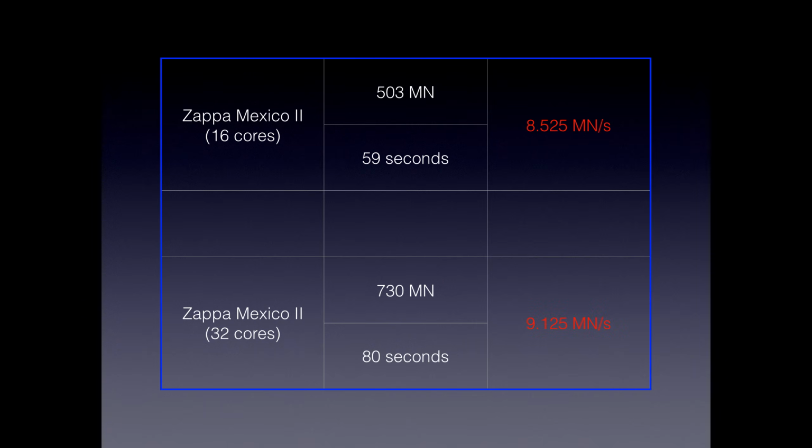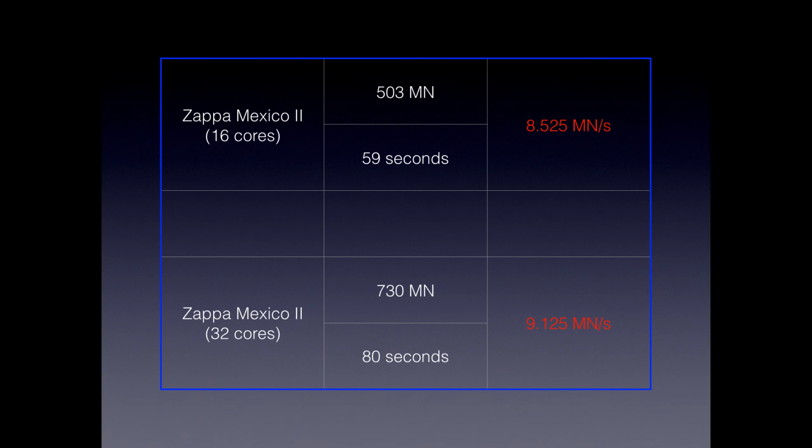Okay, so Zappa Mexico 2 with hyperthreading off, so it was running on 16 cores, managed to do 503 meganodes in 59 seconds, which means that its average search speed is 8.5 million nodes per second. Zappa Mexico 2 at the bottom with hyperthreading on, that's 32 cores, did 730 meganodes in 80 seconds.